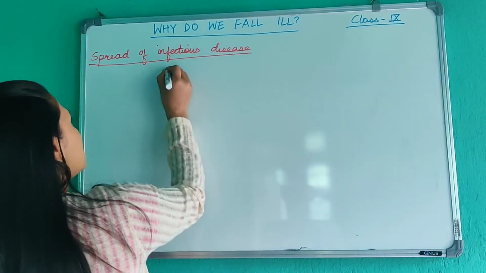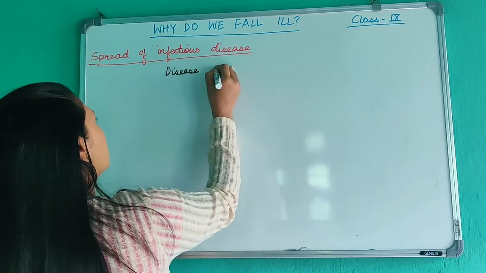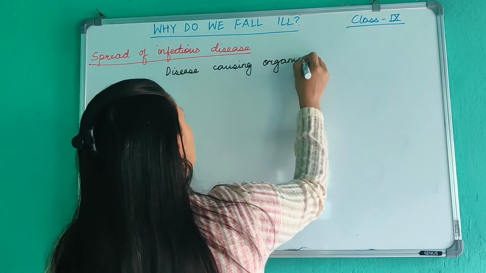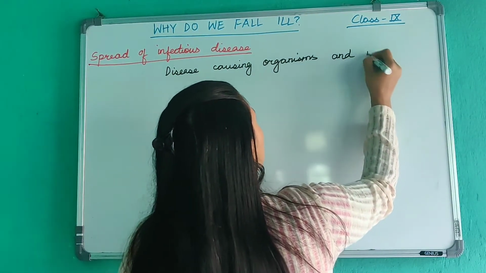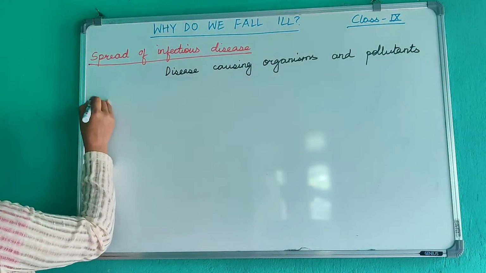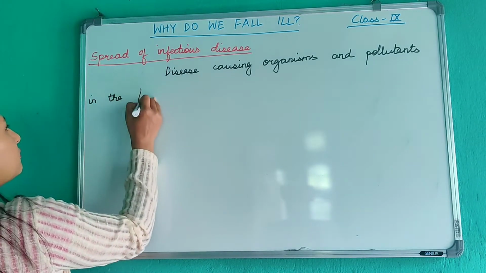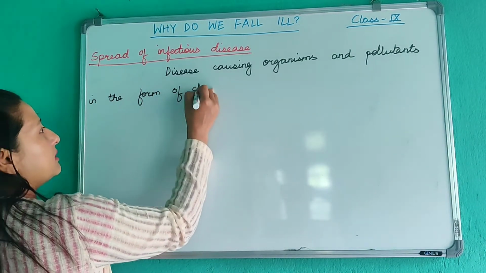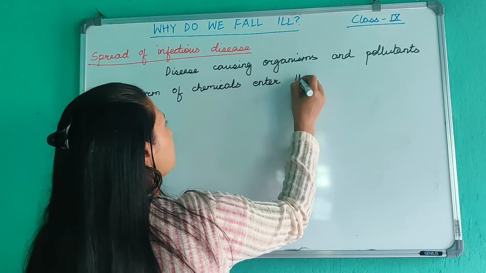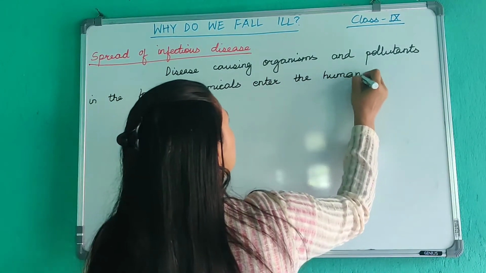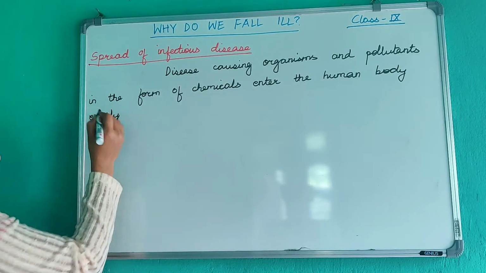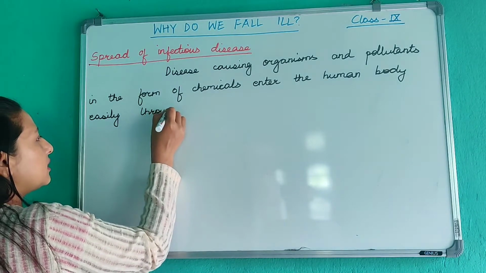Disease causing organisms and pollutants also cause these foodborne diseases, because pollutants in the form of chemicals enter the human body easily through drinks and food.